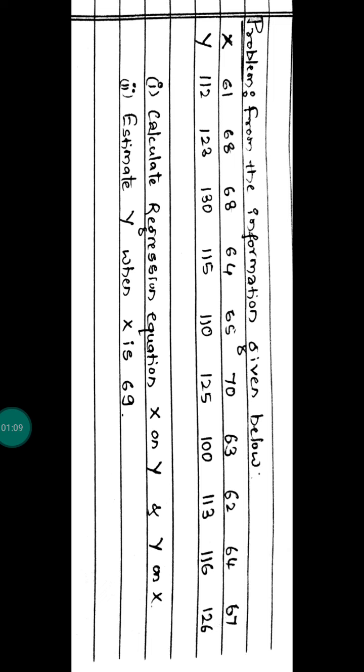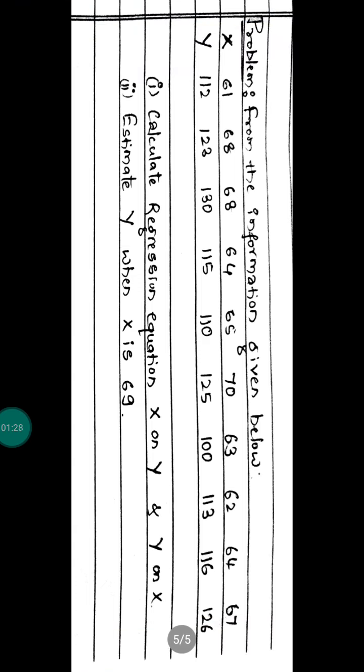The first question is, calculate a regression equation x on y as well as y on x. Now x on y has a different formula, and y on x also has a different formula. After that, the next question is, estimate y when x is 69. Now one by one we will move for that. First we will move for x on y, after that y on x.